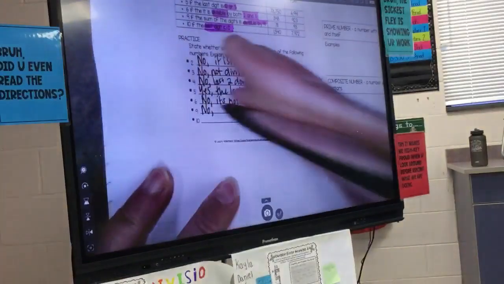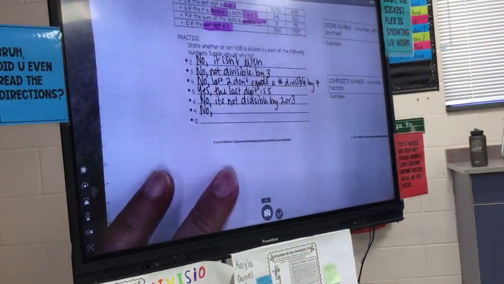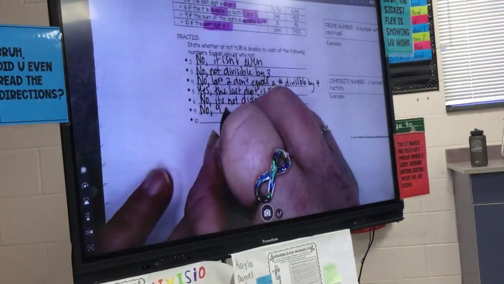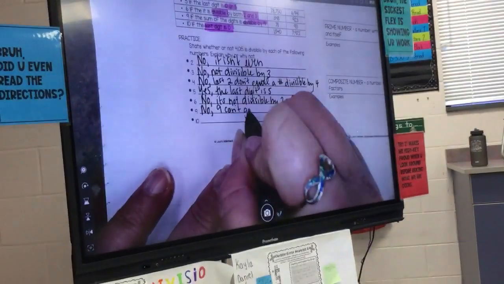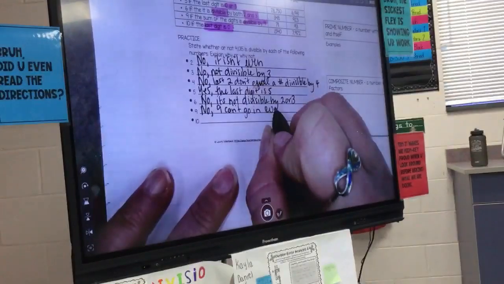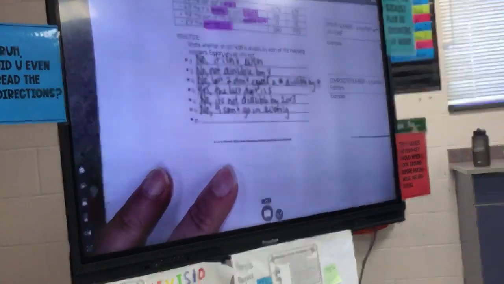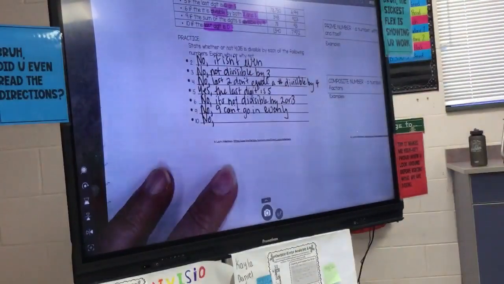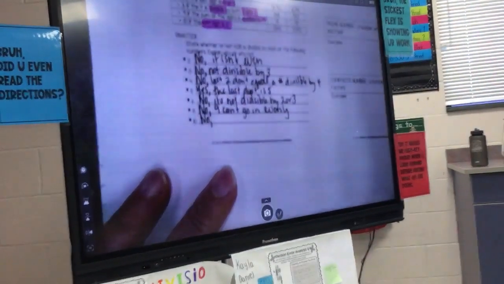Because 9 can't go into 4015 evenly. And what about 10? No. Why? Because it doesn't end in a 0.